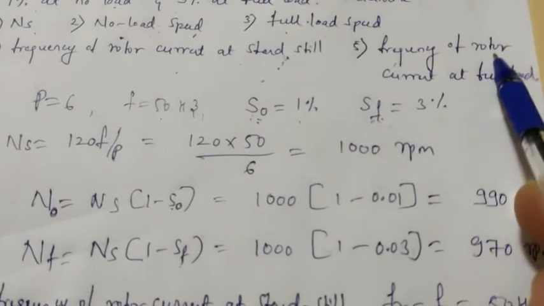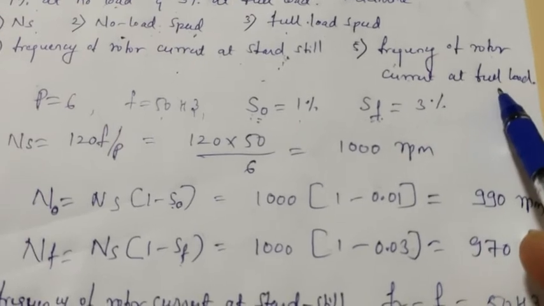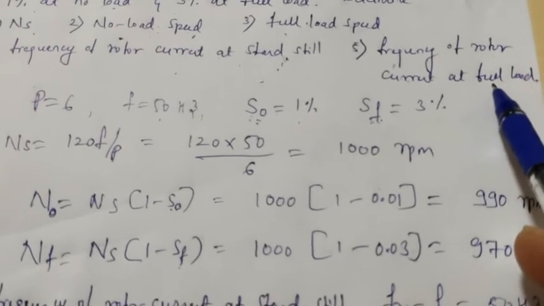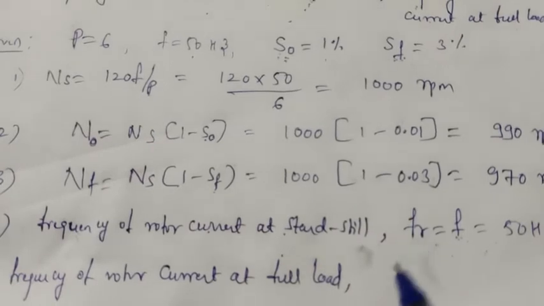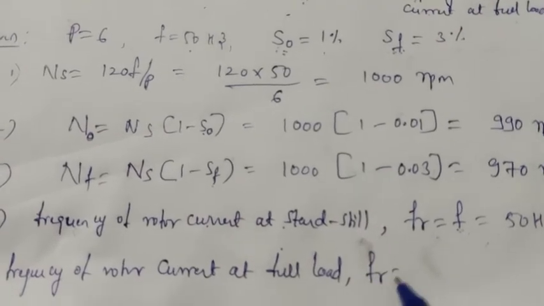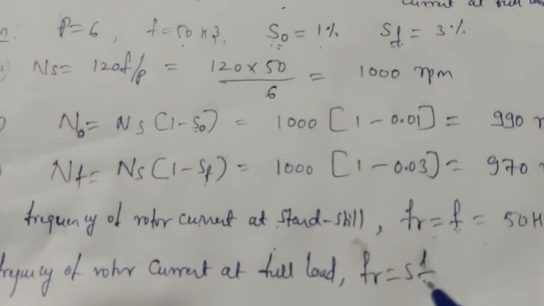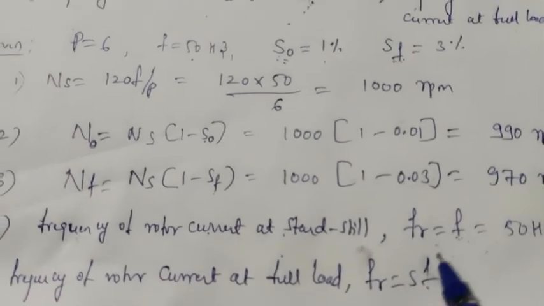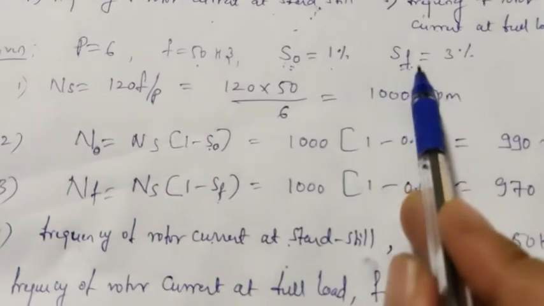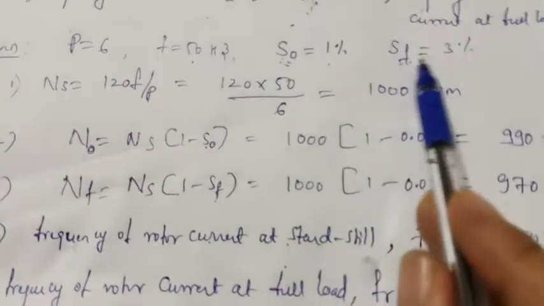Next bit is the frequency of rotor current at full load condition. Full load means the motor is running at full load. In that condition, FR is equal to SF, but S means we have two slips, S0 and SF. S0 means no load slip, SF means full load slip.